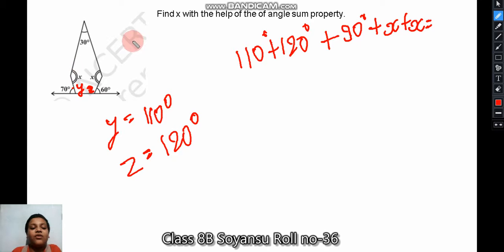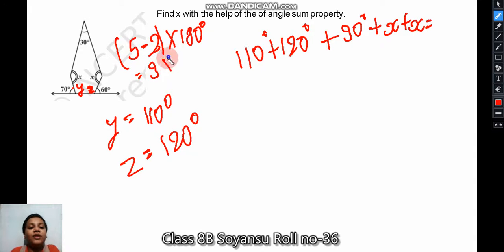We have learned that the sum is 5 minus 2 into 180 degrees. So 5 minus 2 is 3, into 180 degrees, that is 540 degrees. So the sum is equal to 540 degrees.